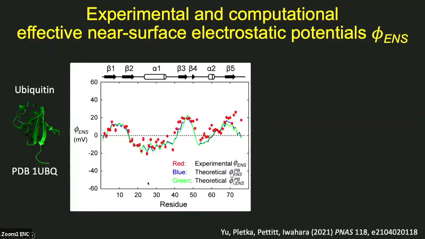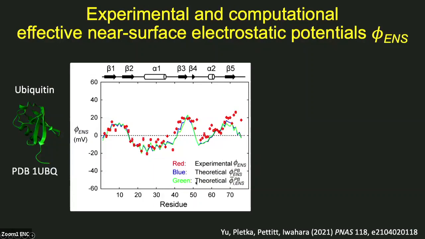Okay, from the gamma-2 data, we calculated the electrostatic potentials using the definition of phi ENS, and red data points are the experimental phi ENS values. We also calculated the corresponding phi ENS values using Poisson-Boltzmann theory, and the blue line shows those back calculated phi ENS.